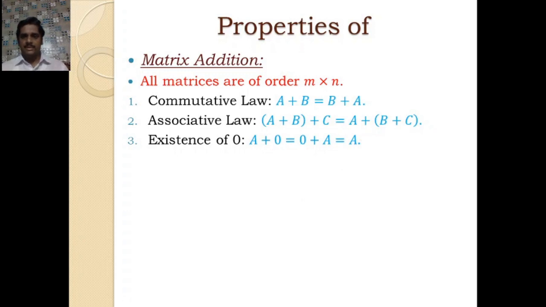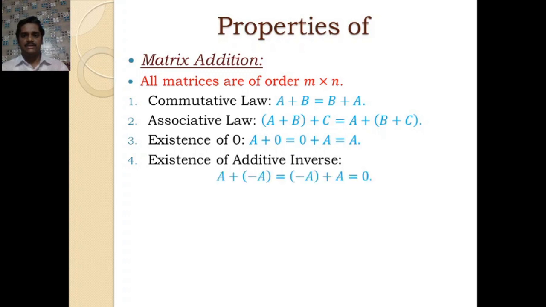Let's see the next property, existence of additive inverse. A plus minus of A is equal to minus of A plus A is equal to 0. This minus of A which you see here is the negative of matrix A. And what is the benefit of this?